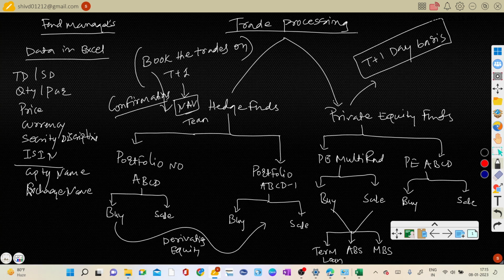So my job is, we basically perform the trade processing activity for equity, term loans, ABS, MBS, preference equity, or bonds. So we receive data in an Excel sheet. Once we receive it, we verify the data with the middle office data. We receive two sheets, and I'm a part of back office operations.